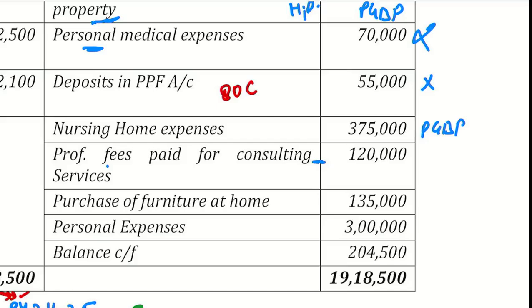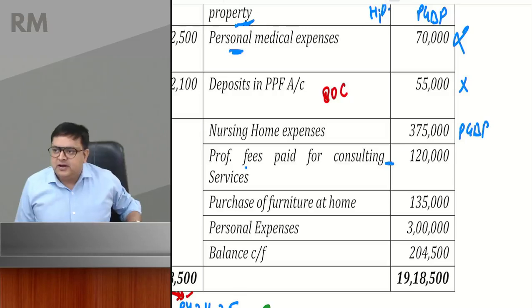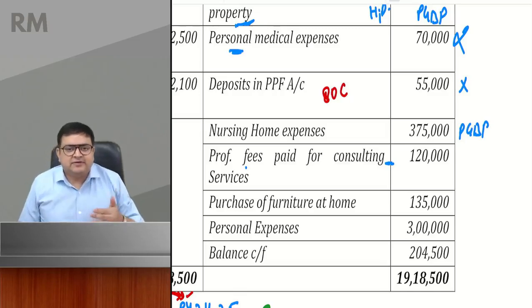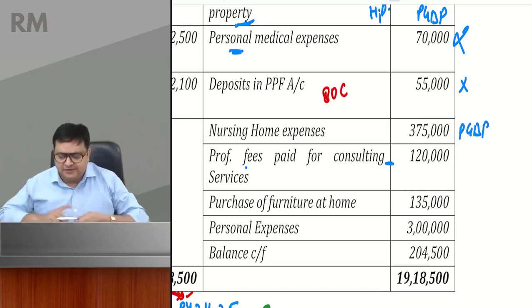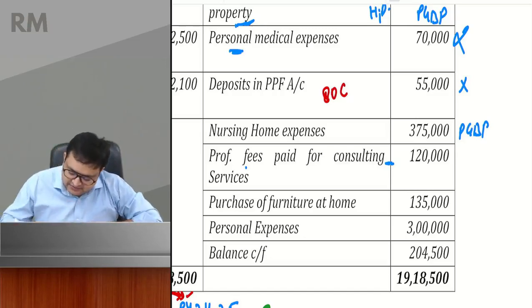It should be PGBP or not? Correct, it should be PGBP. Why? Because this person is a professional and he can take consulting from other professionals also. Normal. It's a PGBP expense.